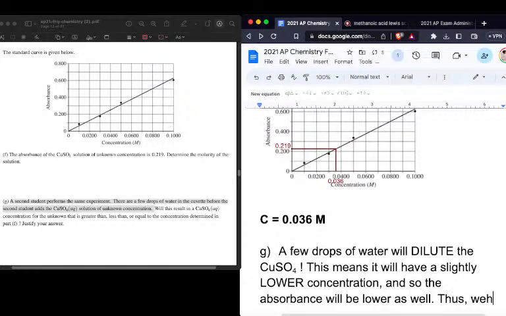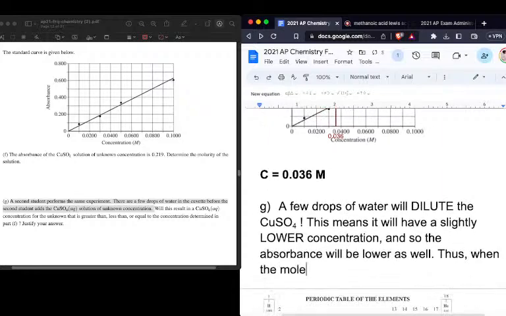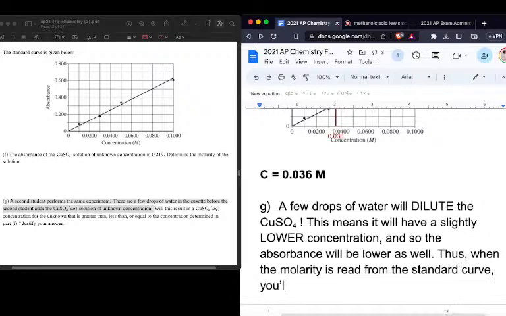Thus, when the molarity is read from the standard curve, you'll get an answer that's slightly less than it should be.